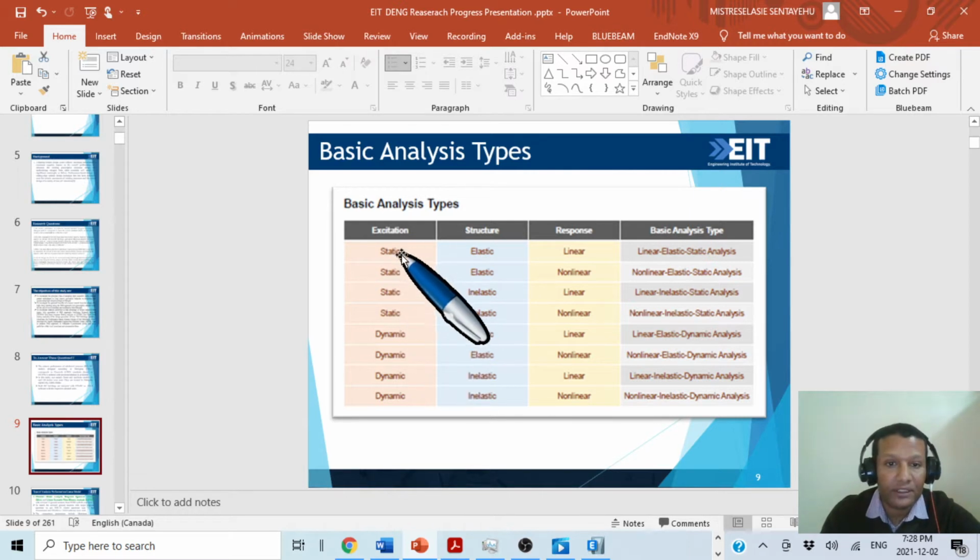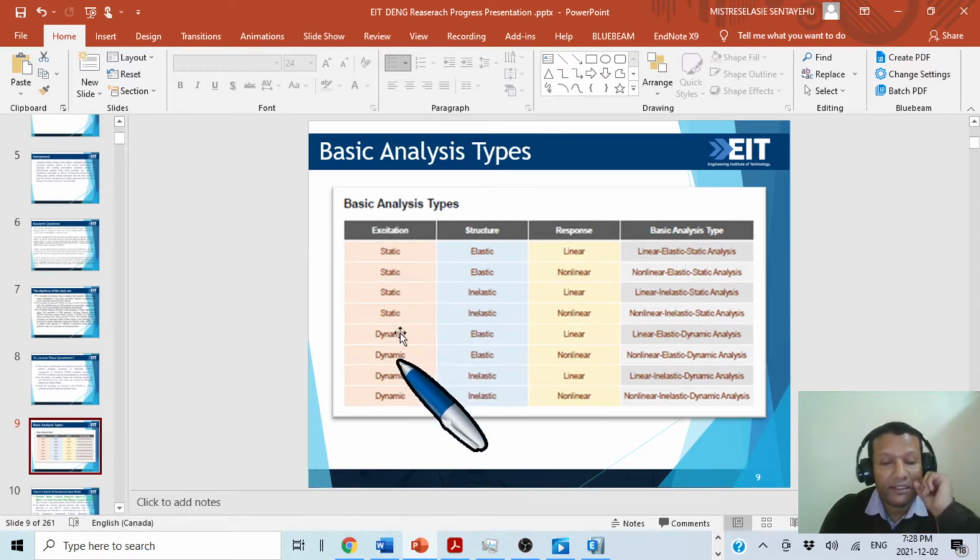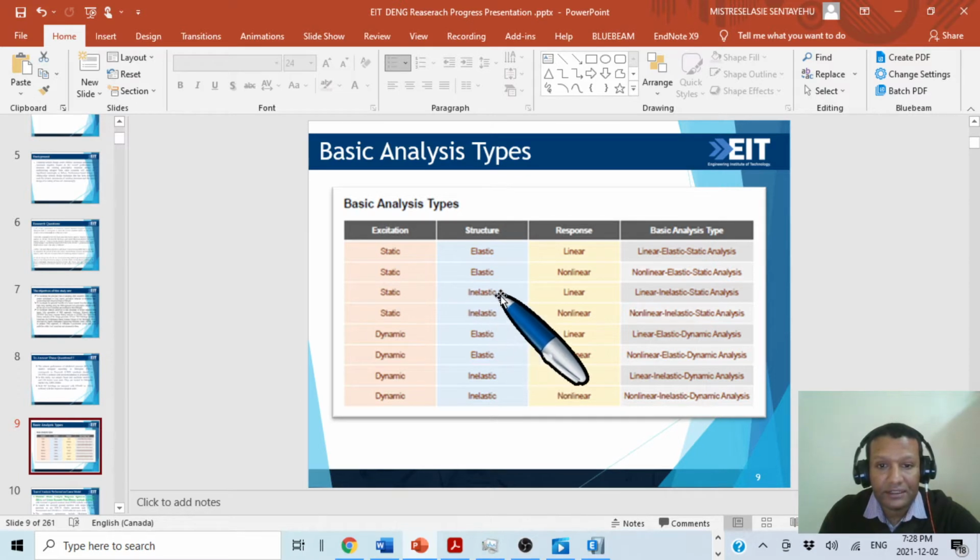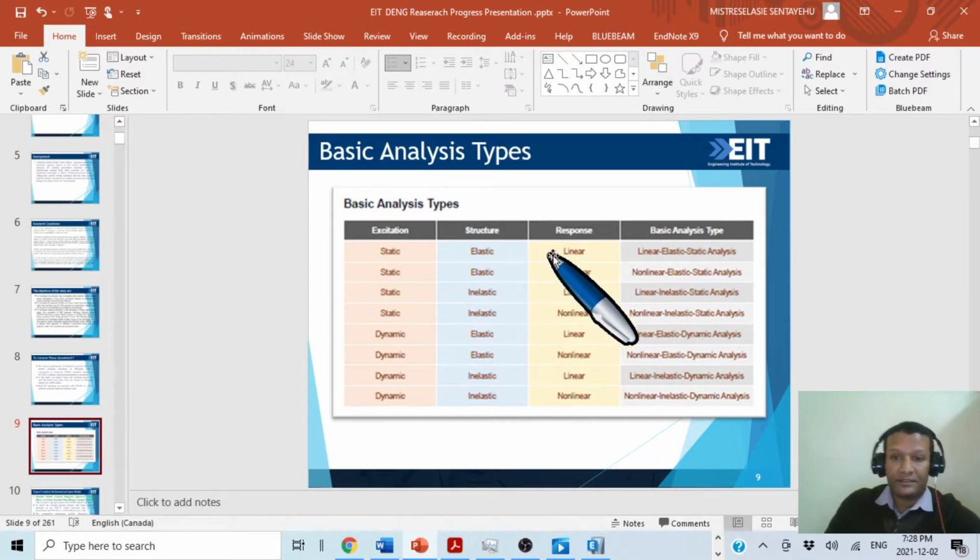So these are the basic types of analysis we have. For example, the excitation type is static, or when the excitation type is dynamic, we have, if the structure is elastic or inelastic, and when the response is linear or nonlinear.